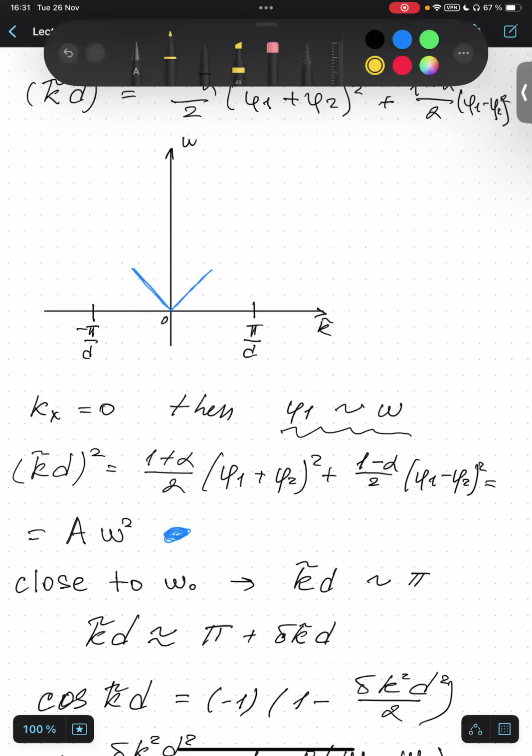We see that we have something like this, and zero derivative in this point. Zero.